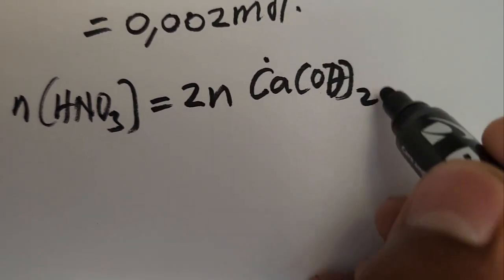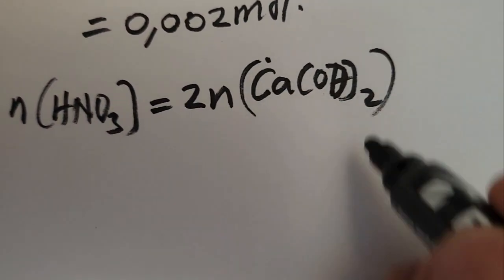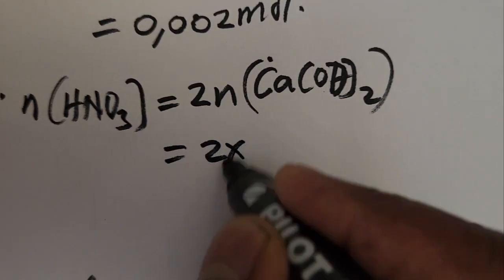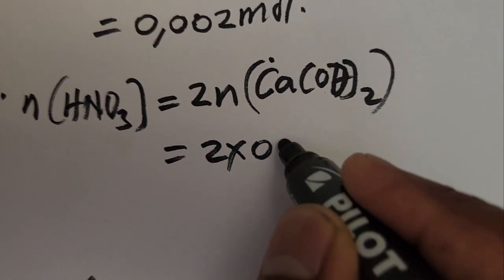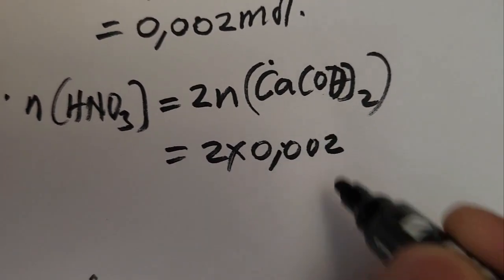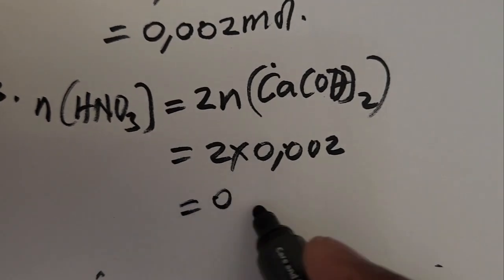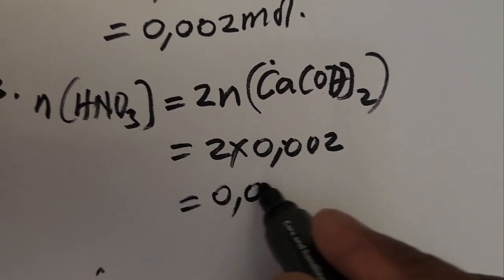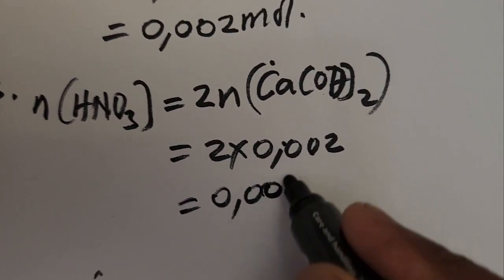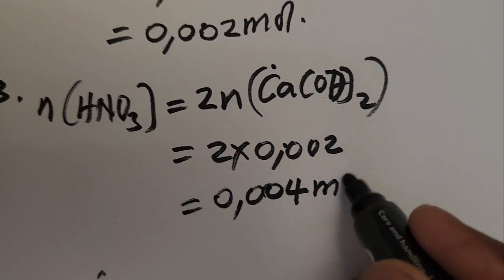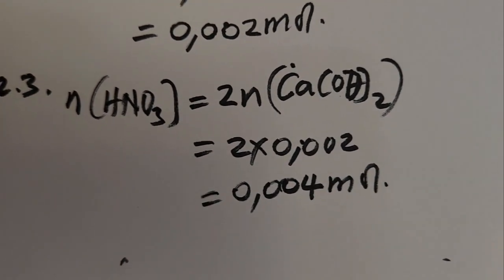Calcium hydroxide, that will be the case, therefore, which is 2 times 0.002. Therefore, the answer will give you 0.004 mole.